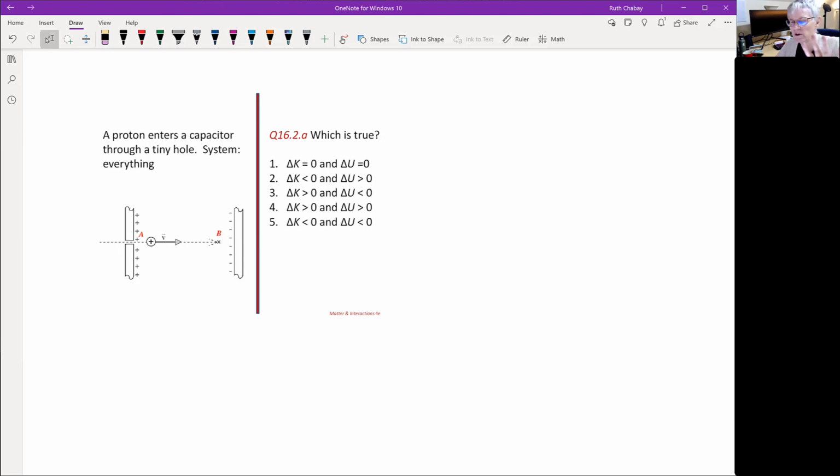So if we choose everything as the system, the proton, the positive plate, the negative plate, the field in between, all charged objects are the system. Then our question is, what's the best description energetically of what's going to happen to this system?